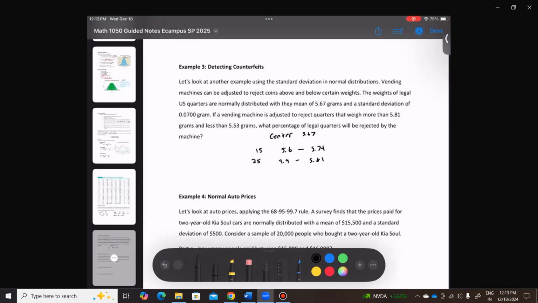Right, they are rejecting it based on, oh, I did not do this right, 5.53. I subtracted 0.7, not 0.07.